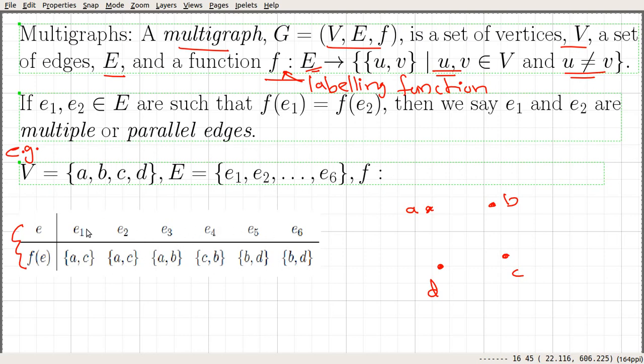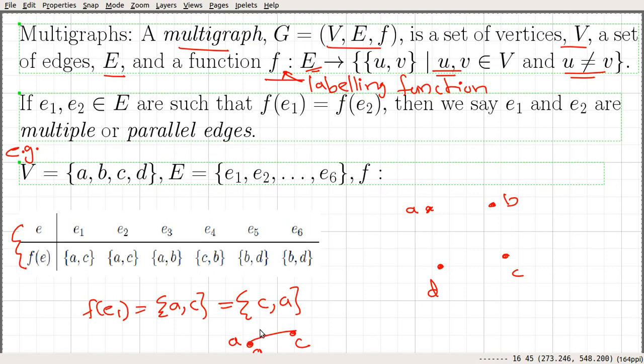Here f of E1 is the set AC, which is also equal to CA. The meaning of f of E1 is that we have these two vertices A and C, and this corresponds to an undirected edge between A and C. So this edge corresponds to the edge AC or CA.